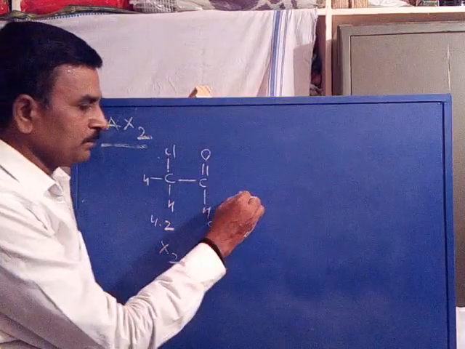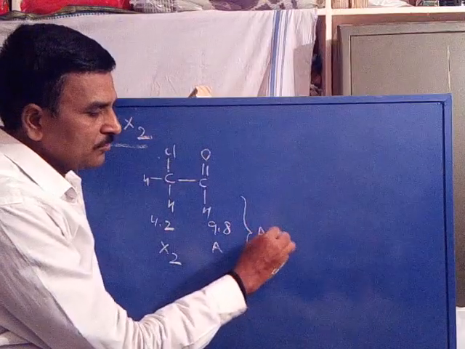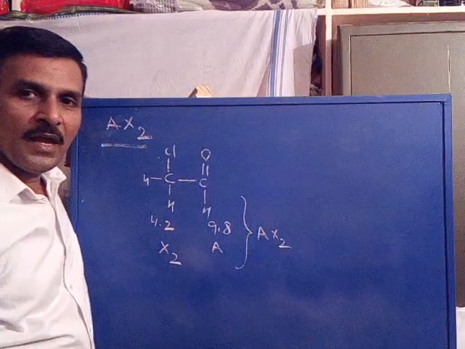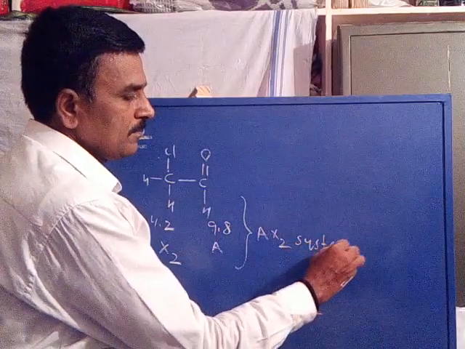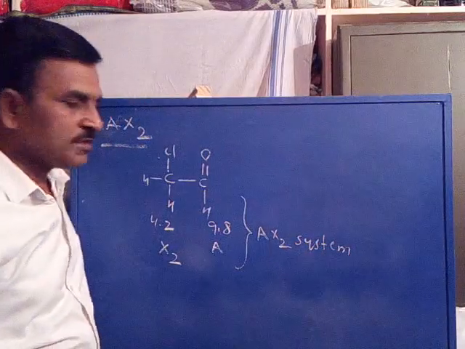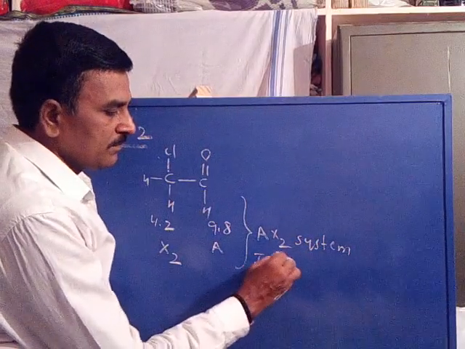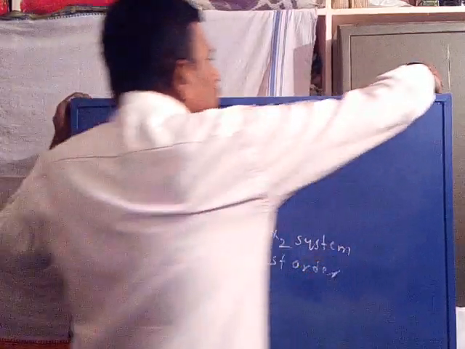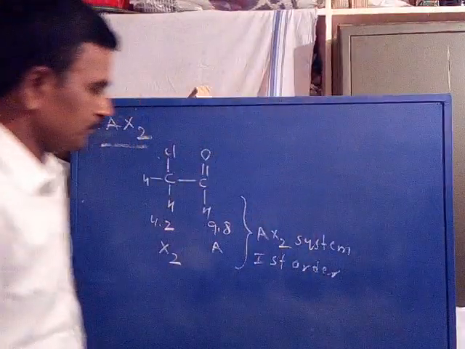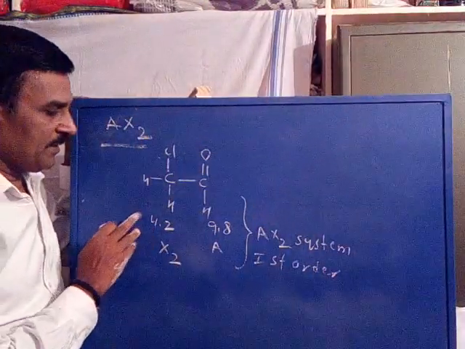So this becomes an AX2 system of first order. Now, coming to multiplicity.